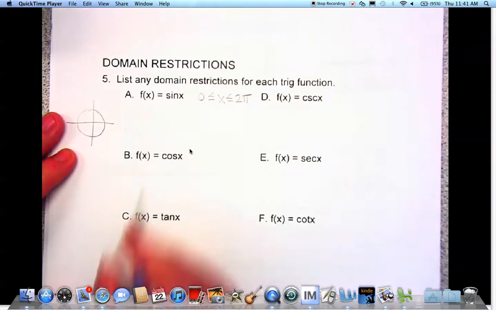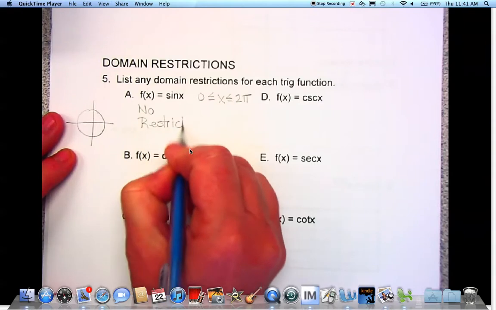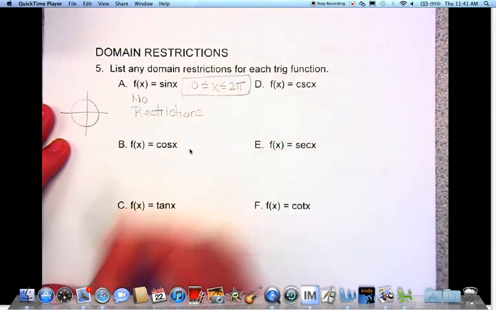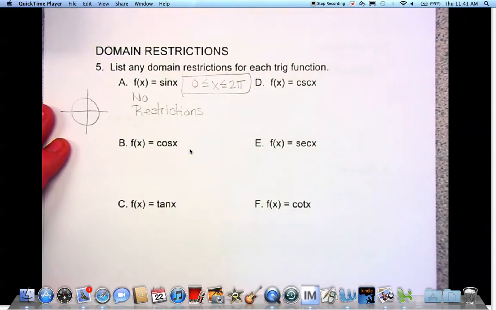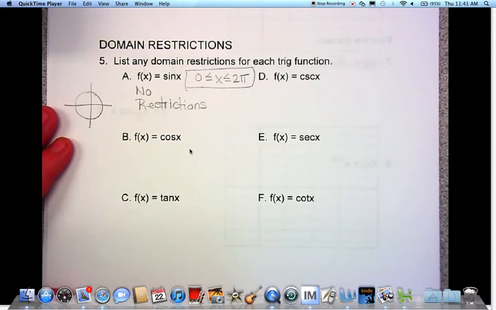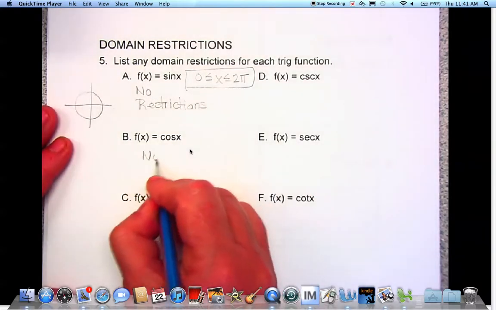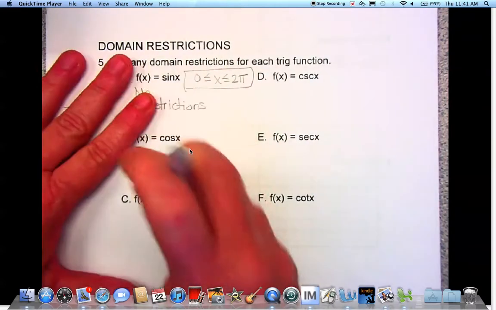So there are no restrictions. We know that for all of them. Now cosine of x, is there something it can't be between 0 and 2 pi? No restrictions. The only time you're going to have restrictions is when you have a denominator.